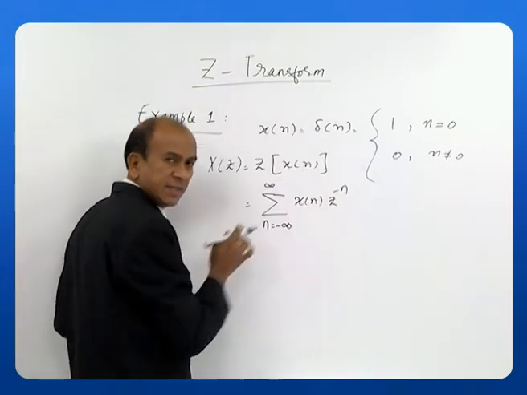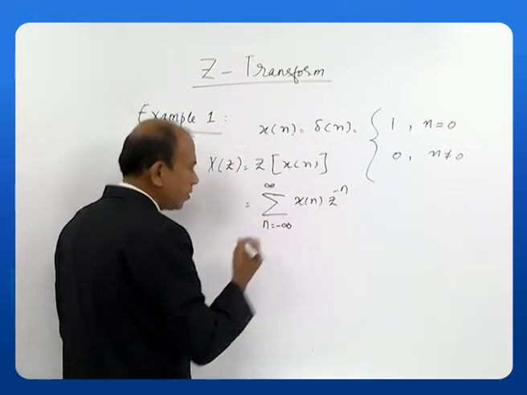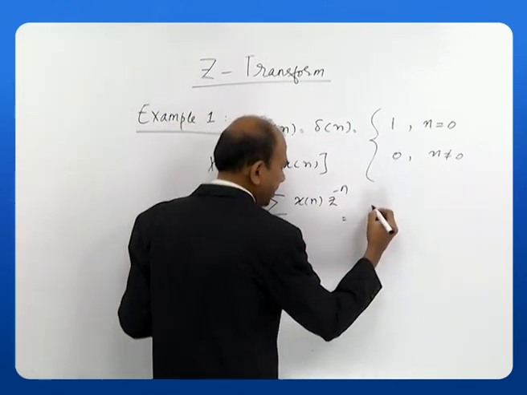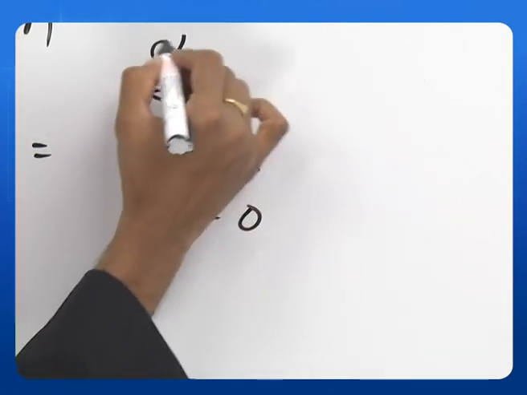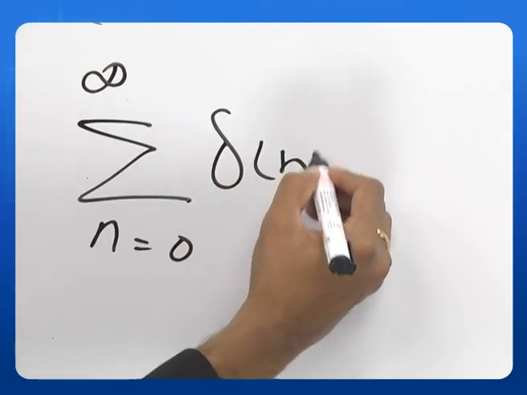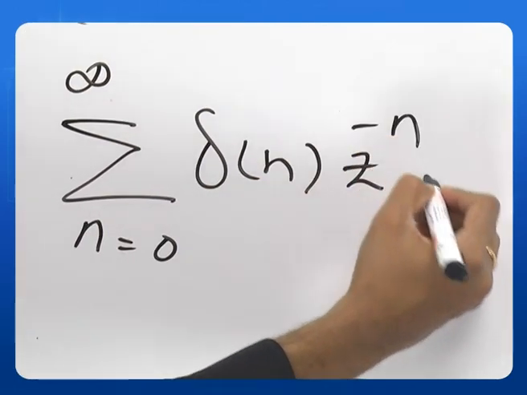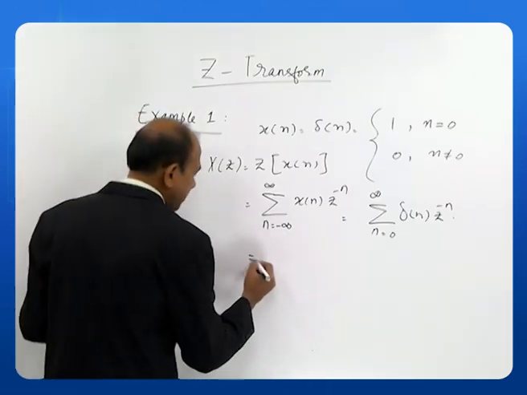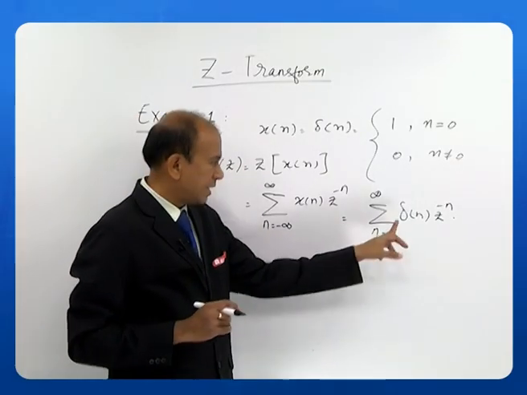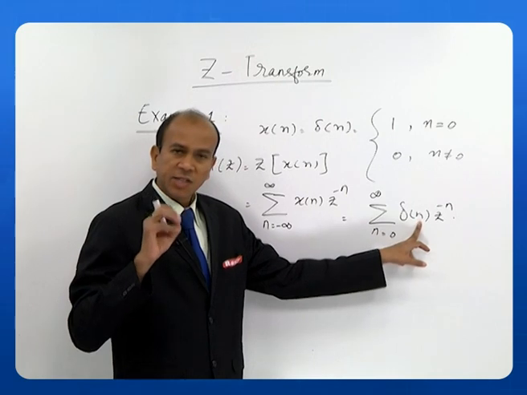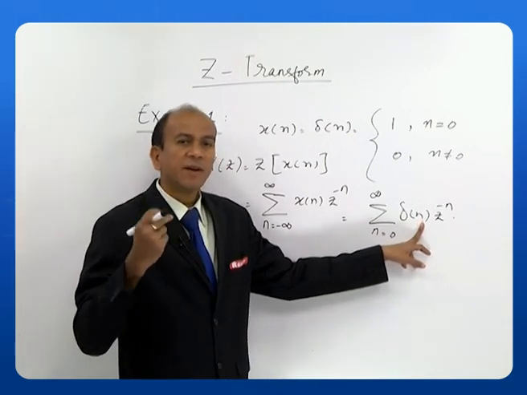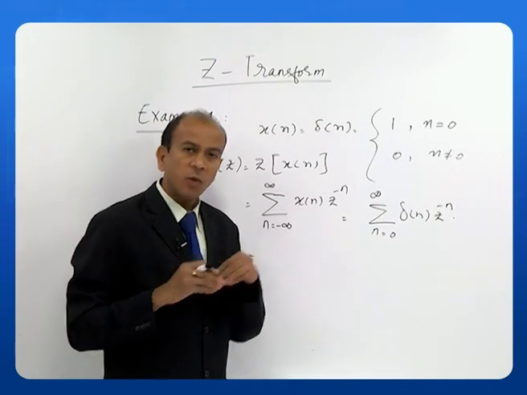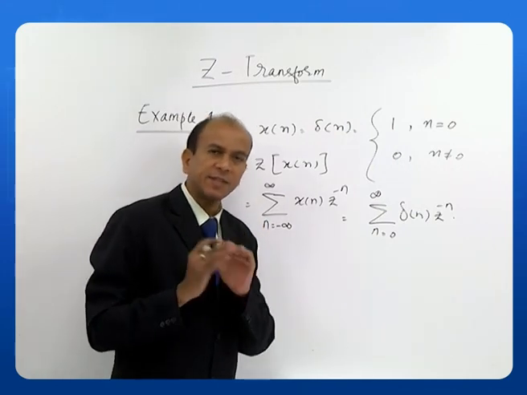Now, we will change the summation limits. I can write this as n equal to 0 to infinity delta of n z to the power of minus n. If we expand this and understand the fact that delta exists only at n equal to 0, that means there is only one value, equal to 1, and for all other values it is 0.